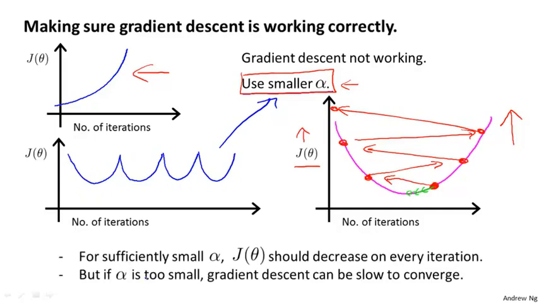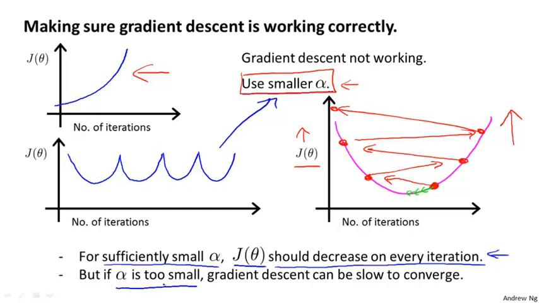I'm not going to prove it here, but under mild assumptions about the cost function J, which do hold true for linear regression, mathematicians have shown that if your learning rate alpha is small enough, then J of theta should decrease on every single iteration. So if this doesn't happen, it probably means alpha is too big and you should set it smaller. But of course, you also don't want your learning rate to be too small, because then gradient descent can be slow to converge.